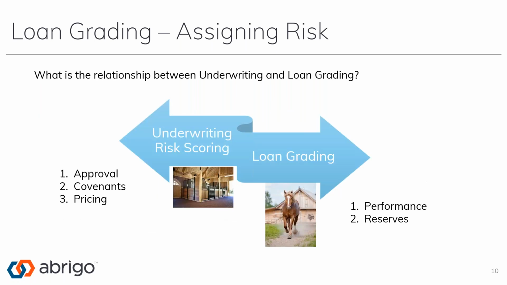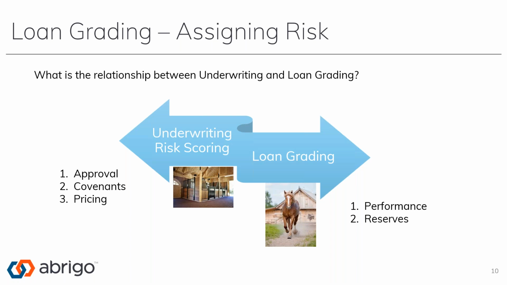So Thomas, you can go to the next slide. That's really what we're trying to account for when we talk about loan grading systems in general and their purpose. Now, there's a fine line here, and a lot of times when I start throwing out the term loan grading, people get confused. It's really no different than underwriting or risk scoring.